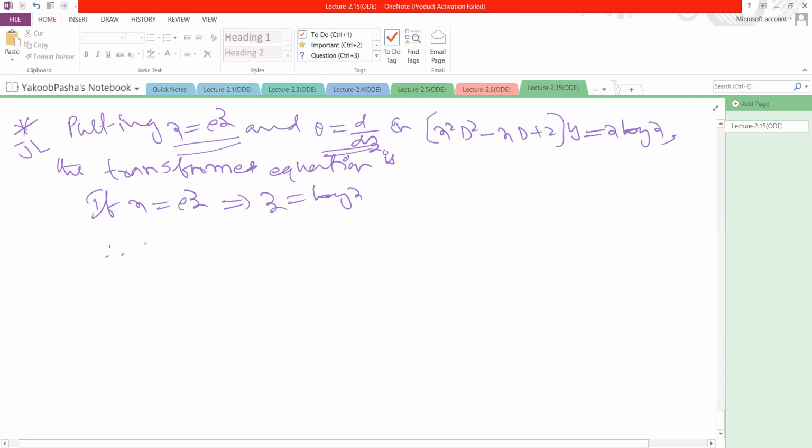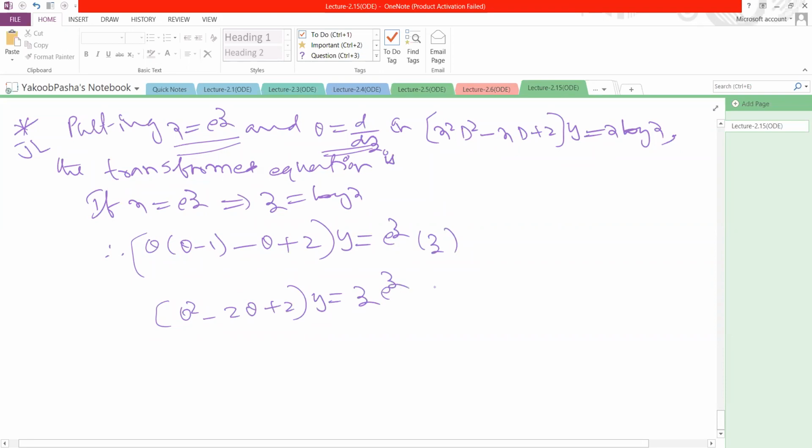Substitute in this, you get theta into (theta minus 1) minus theta plus 2 into y is equal to x. x means e power z and log x means z. So it is nothing but (theta square minus 2 theta plus 2) into y is equal to z into e power z. This is the transformed equation of the given differential equation.